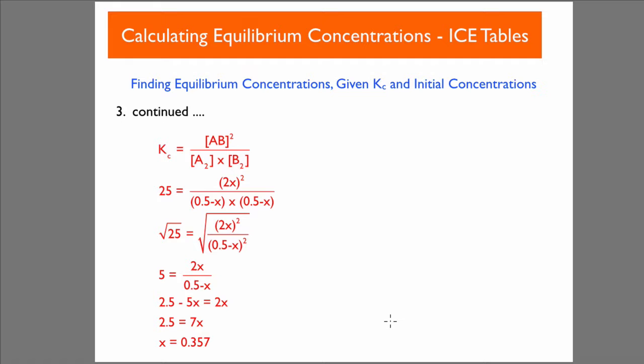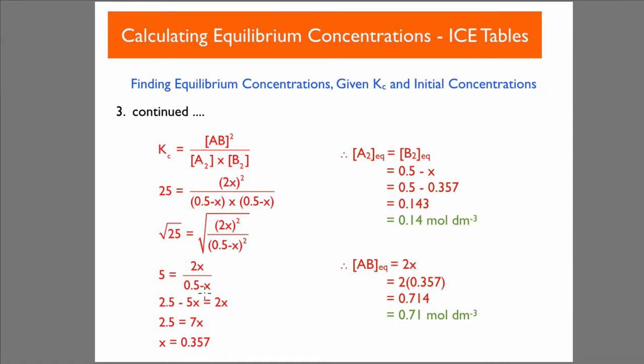The root of 25 is 5, the root of 2x to the power of 2 is just 2x, then you've got 0.5 minus x. You can take this 0.5 minus x over to the other side, so 0.5 times 5 is 2.5, minus x times 5, minus 5x. Then you can take the 5x over this side to get 7x equals 2.5, and 2.5 divided by 7 is 0.357.